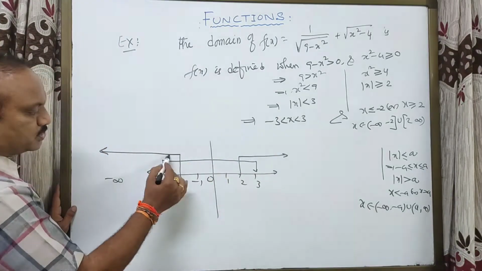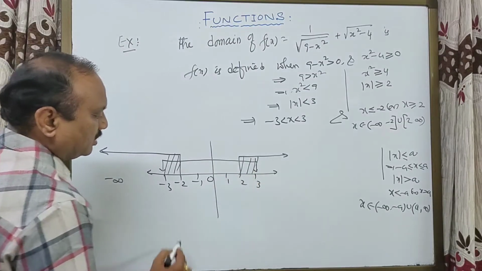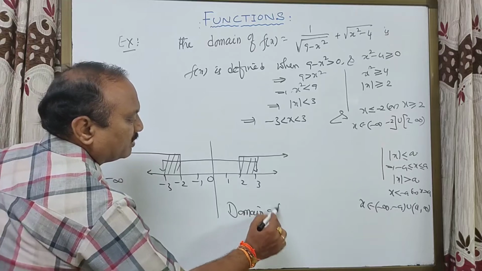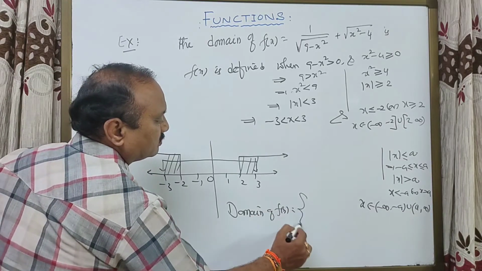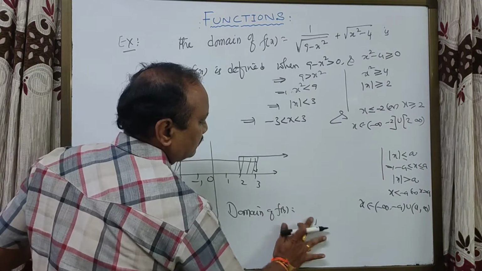What is the common portion? This part is the common. Here this part is the common. Now the domain of f of x. Domain of f of x equal to x such that, or you take it like this also.